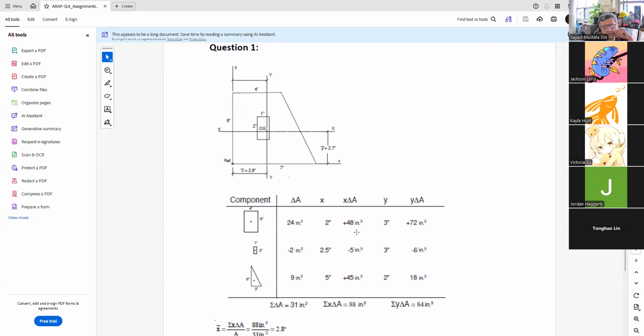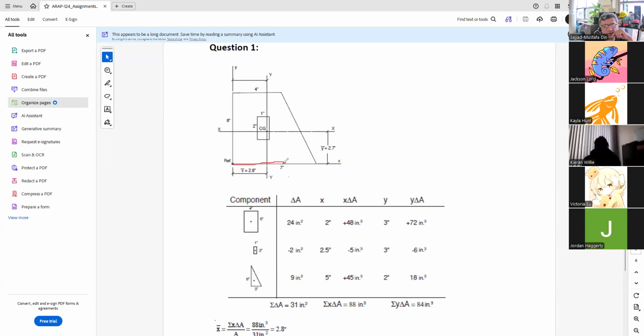So here's what happened. Let me try to help you there. So we know that for this shape, this is 4, right? 4 inches up to here. Do you agree that that's 4 inches? Yes. How do I know that? Because of this.